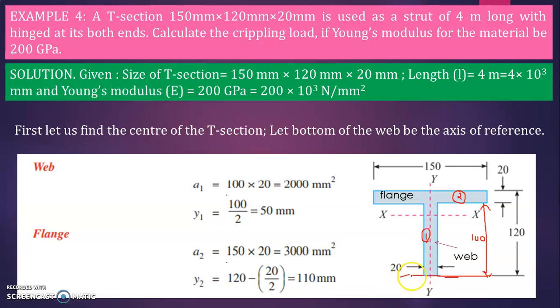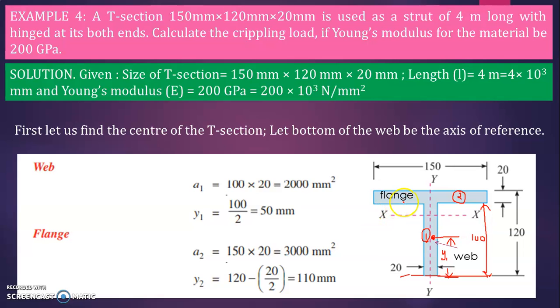This is a rectangular section, so the center of gravity lies exactly at the center, 100 divided by 2, that is 50. So y1 is the distance from the centroid to this neutral axis, that is 100 divided by 2, equal to 50 mm.